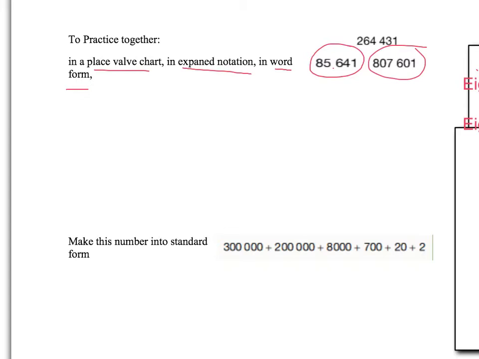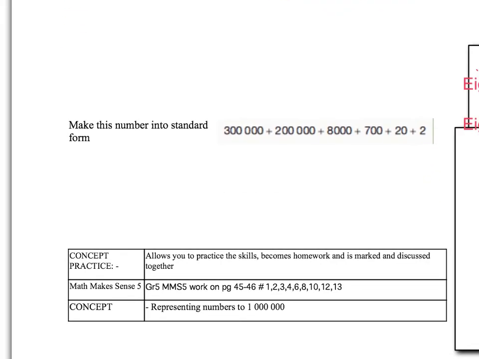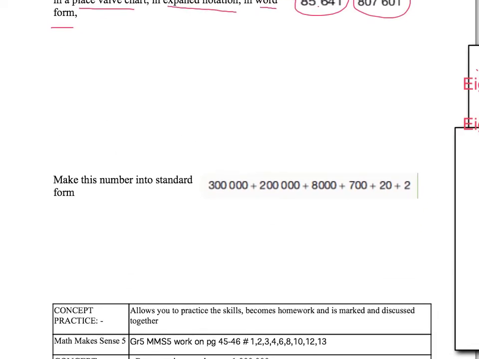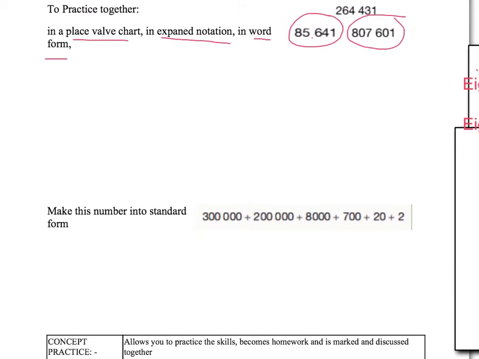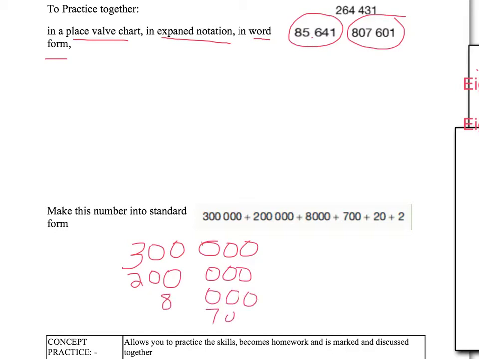All right, now this kind I really like to do up and down, because sometimes that makes it a little bit easier. So I'm going to start with 300,000 plus 200,000. Oh, see, they tried to trick us there. Plus 8,000, so 8 in the thousands place. 700.